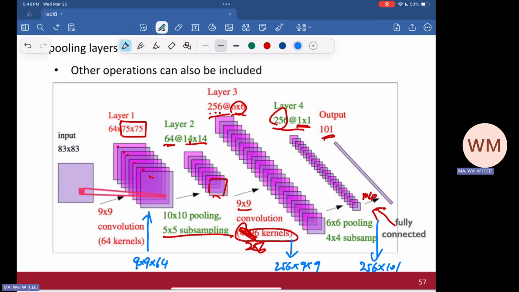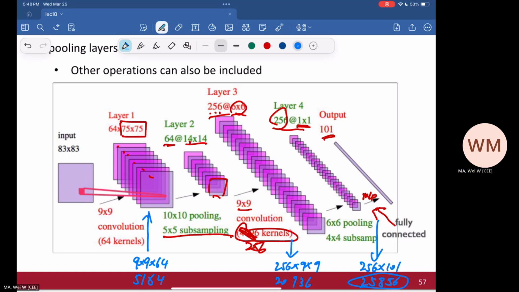Let's do a quick calculation. This one is 5184. This one is 2736.